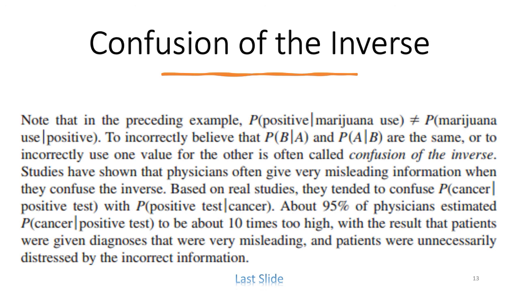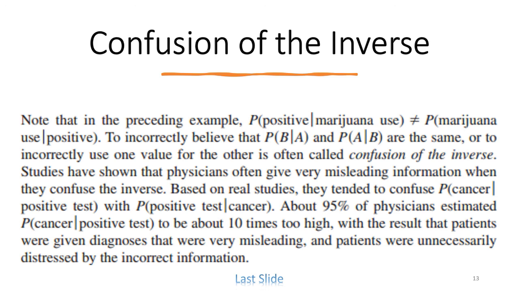So it is very important that physicians not confuse the probability of having cancer given that you have a positive test with the probability of getting a positive test given that you have cancer. And so this can be a serious problem, and this point that is being made here is taken from the medical literature, and I'll just read it out.